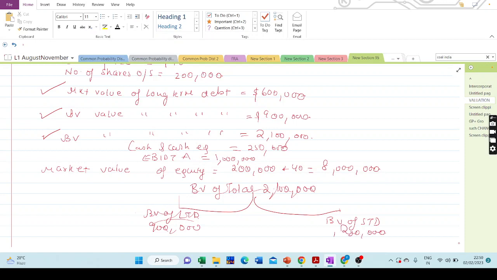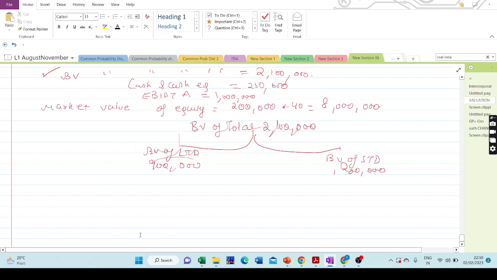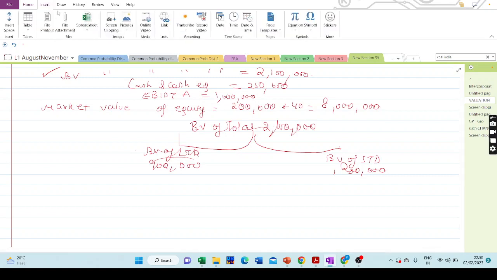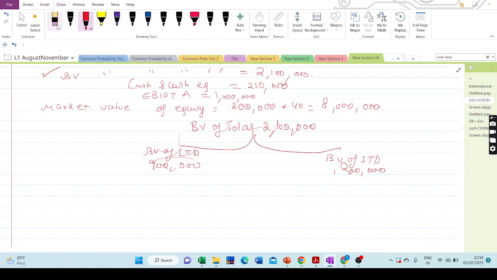12 lakhs, right? So, guys, we know the market value of long-term debt. We do not know the market value of short-term debt. So, since we do not know the market value of short-term debt, we will use the book value of short-term debt instead, right? That's what I told you.